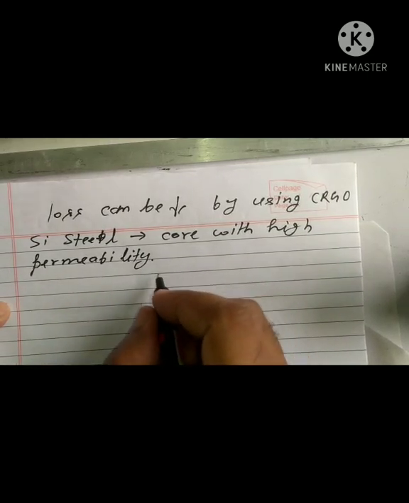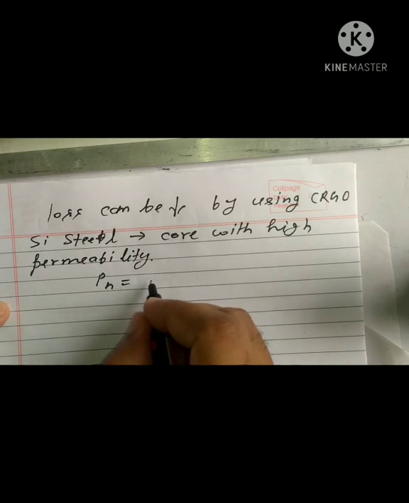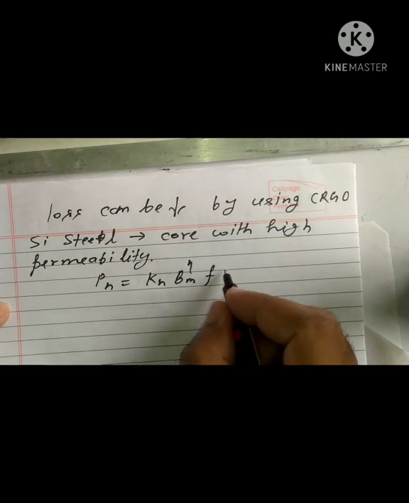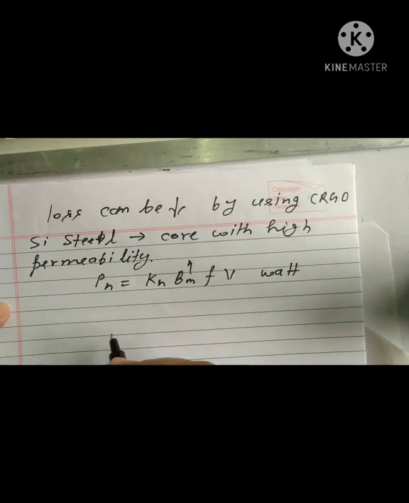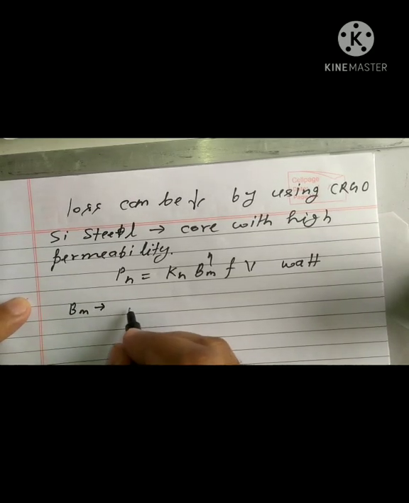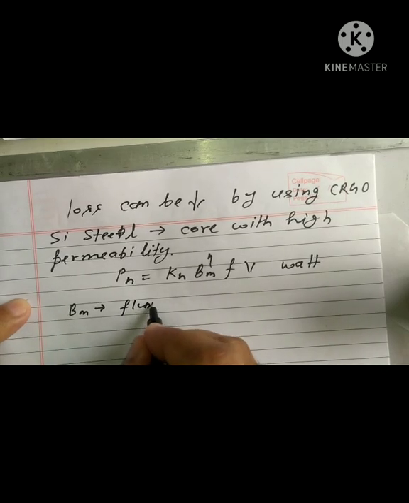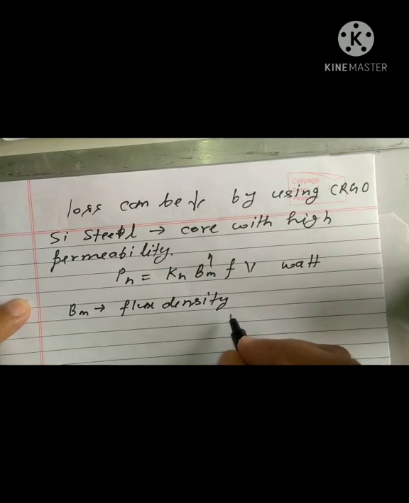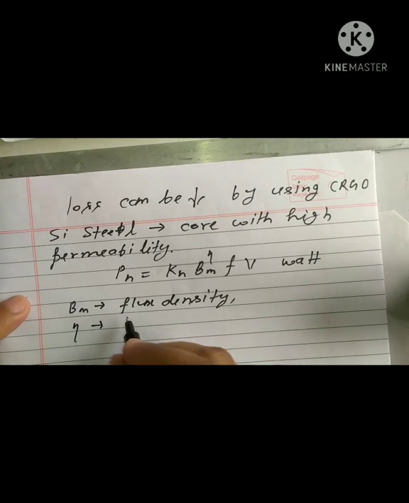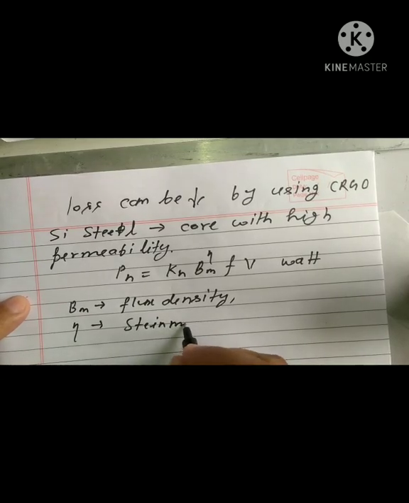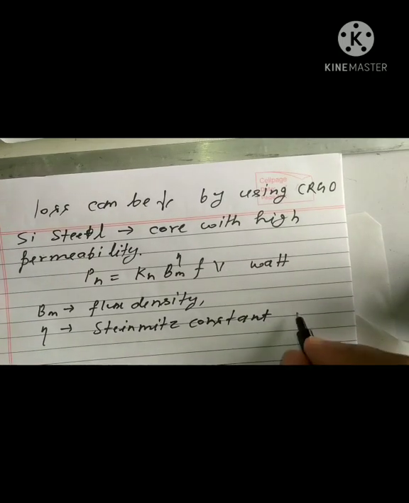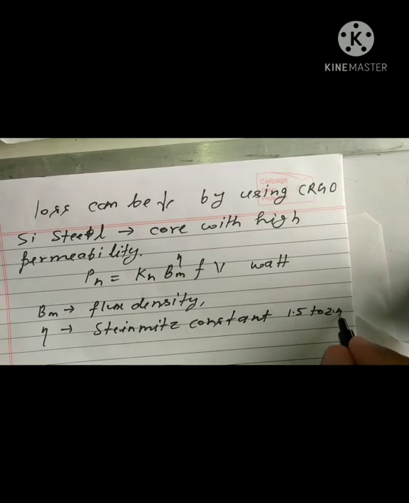The loss can be given as hysteresis loss PH equal to KH Bm power eta F V watt, where KH is constant of proportionality, Bm is flux density, maximum value, eta is Steinmetz constant, and its value ranges from 1.5 to 2.5.